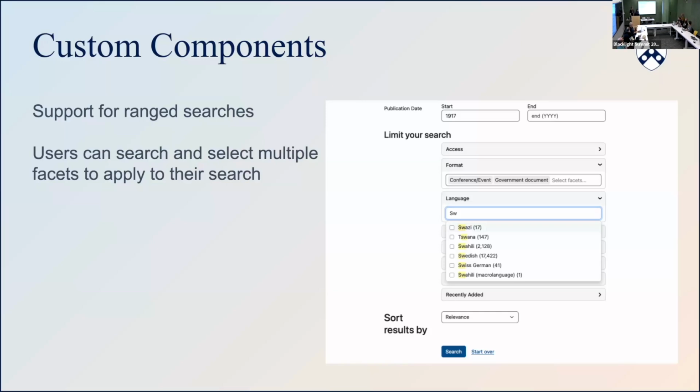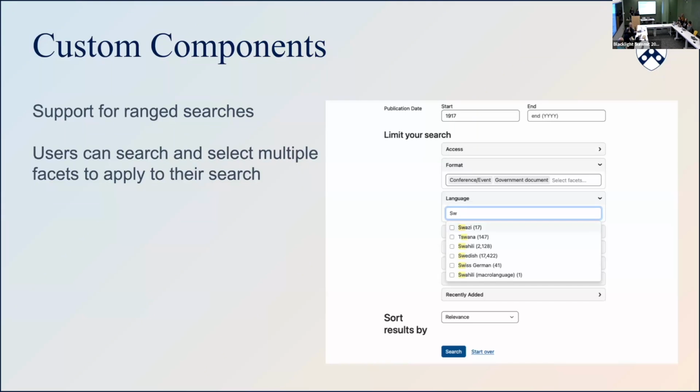If you click the More button, you get a pop-up modal with all of your facets. This is the same modal that's used in the basic search. We found that works great for basic search, but the advanced search is unique in that it allows you to select multiple components, but once that modal pops up, you're no longer able to select multiple facets.